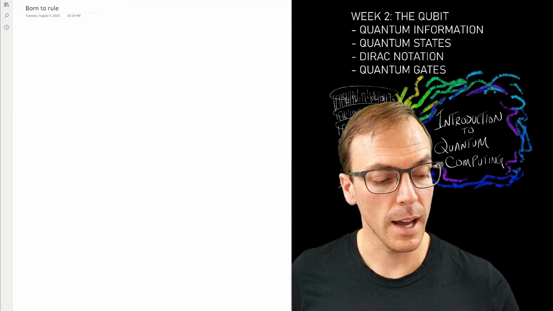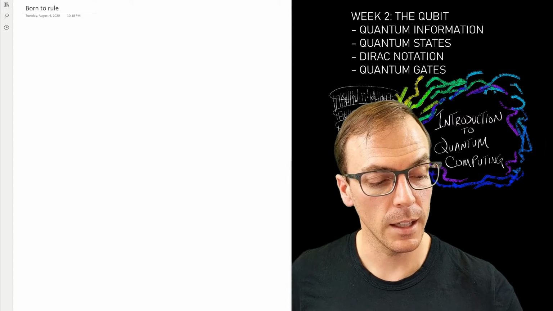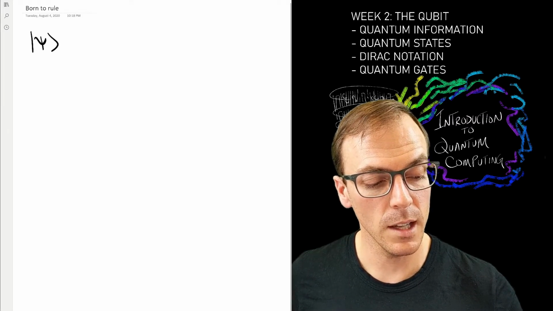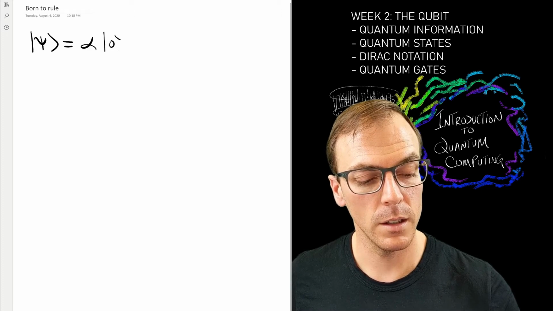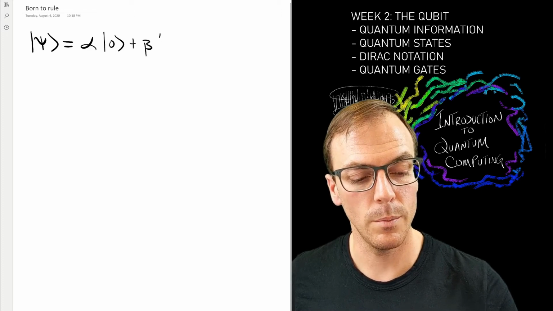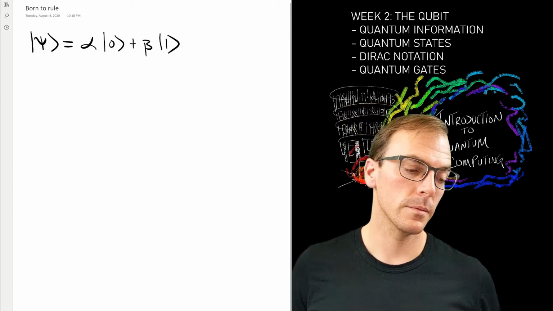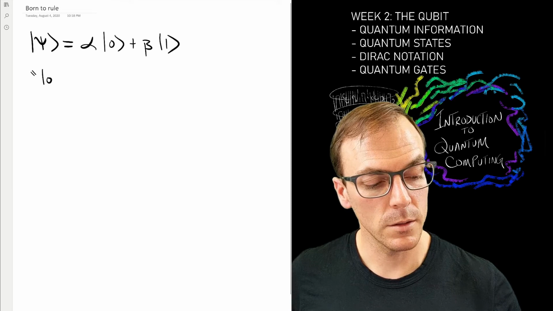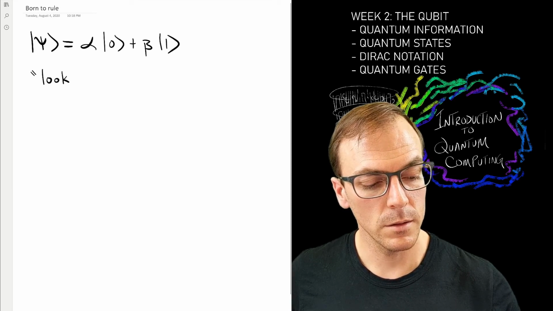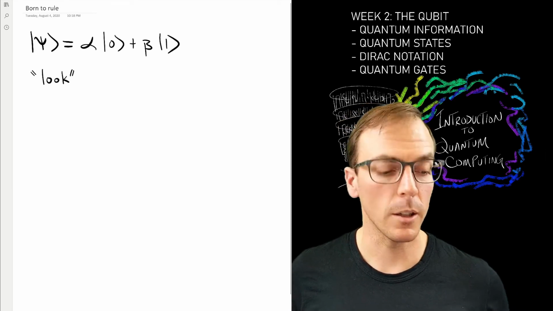So if I have a qubit in the state alpha 0 plus beta 1, and I want to look at it, so now I'm going to look.